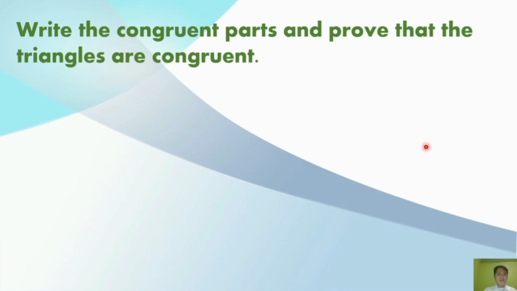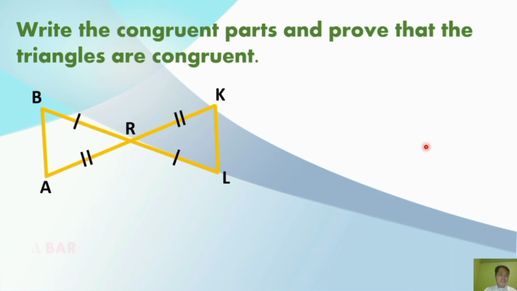Okay, so let's have another example. Write the congruent parts and prove that the triangles are congruent. We have here triangle BAR and triangle LKR.